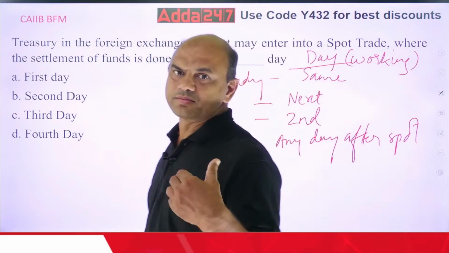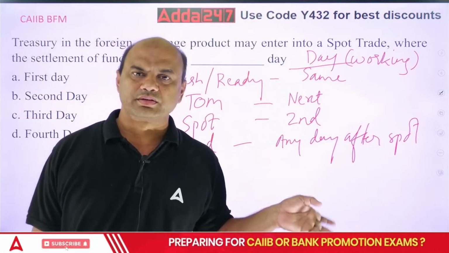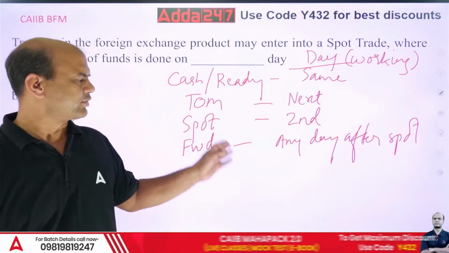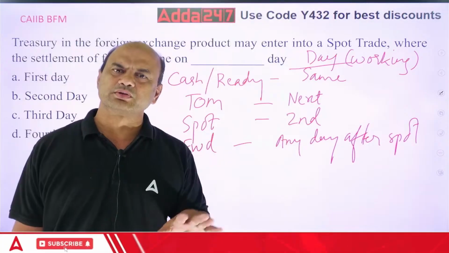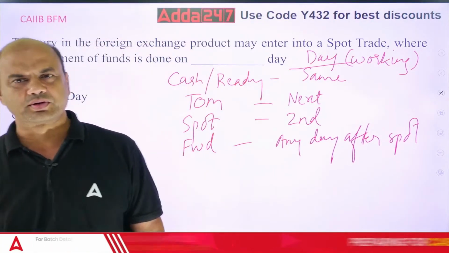So this is the meaning of cash, Tom, spot and forward. One more is there, future. But future and forward are the same. Future is only an organized forward, and the remaining logic is the same for future and forward.